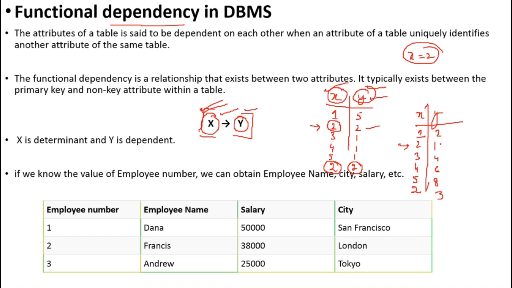We can see that we have value 1 of Y corresponding to the X value 2, and over here we have value 3 of Y corresponding to the X value of 2. That means that we have two values for the same X value, which is not possible.